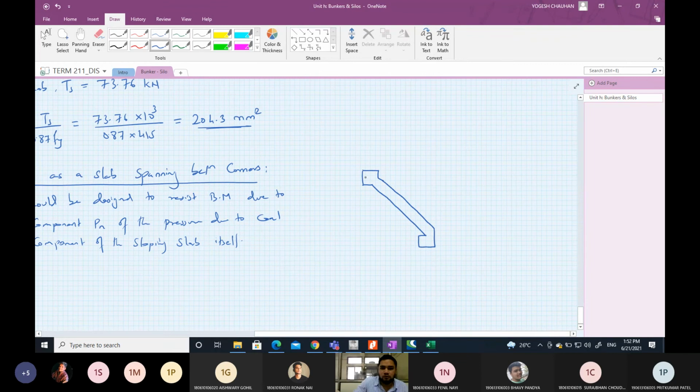So this should be designed as a sloping slab of length square root of 1 square plus 1.025 square. Okay, and this will be subjected to the normal component of the pressure.